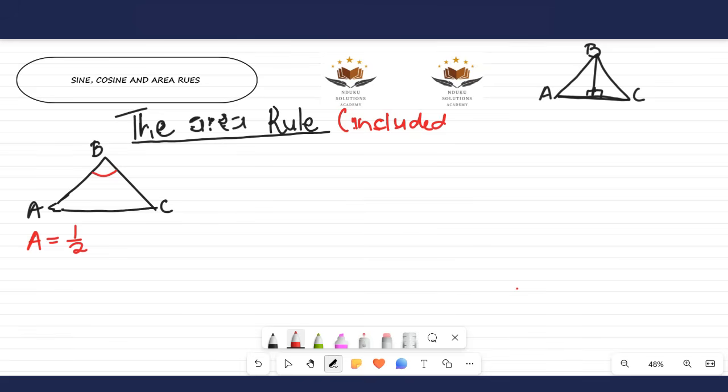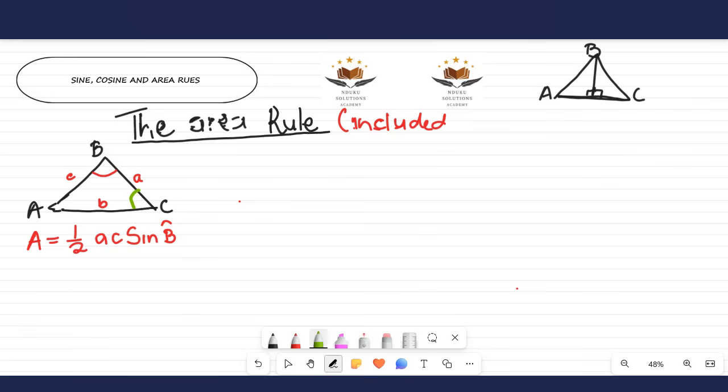Let me say we're using A, B. Let me just call this a small letter C. Then there's a small letter B because it's opposite to B, and a small letter A because it's opposite to A. If you have B, it means you need to use side A and C because A and C are including B. They make an angle B. So we can say AC, and then we use the sine of B.